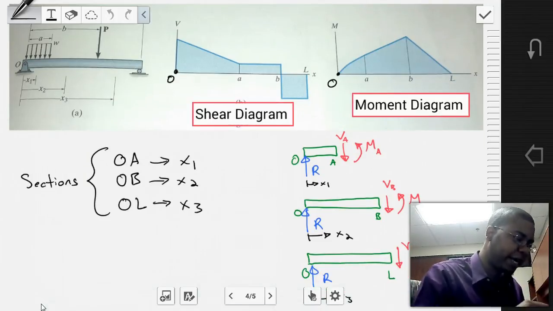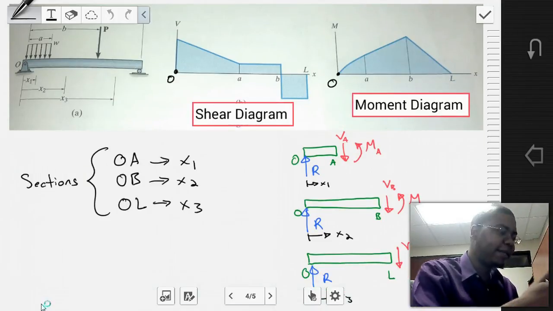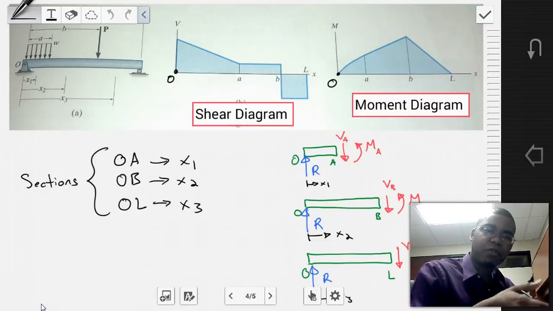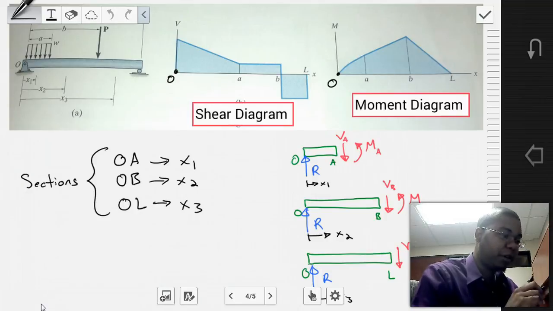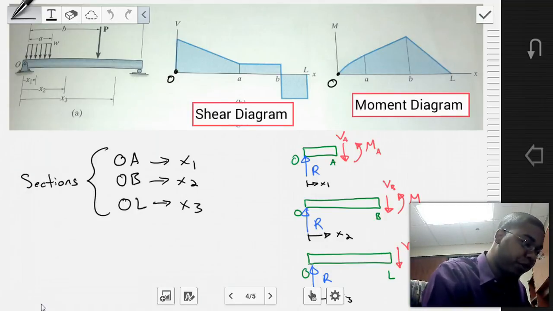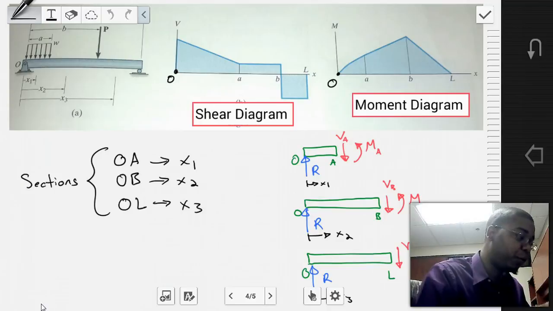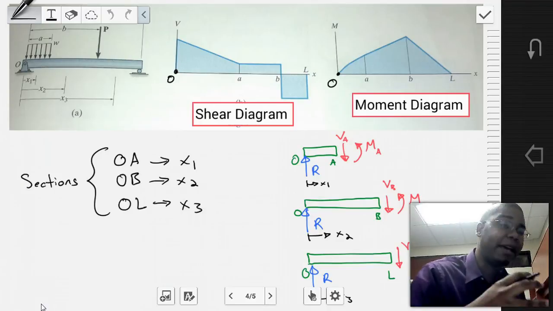Now, when we do that, we can create free body diagrams that describe the section for each of these, for the method of sections that we plan to use. We want to use the method of sections, but we don't want to use a value of A, B, and L directly.